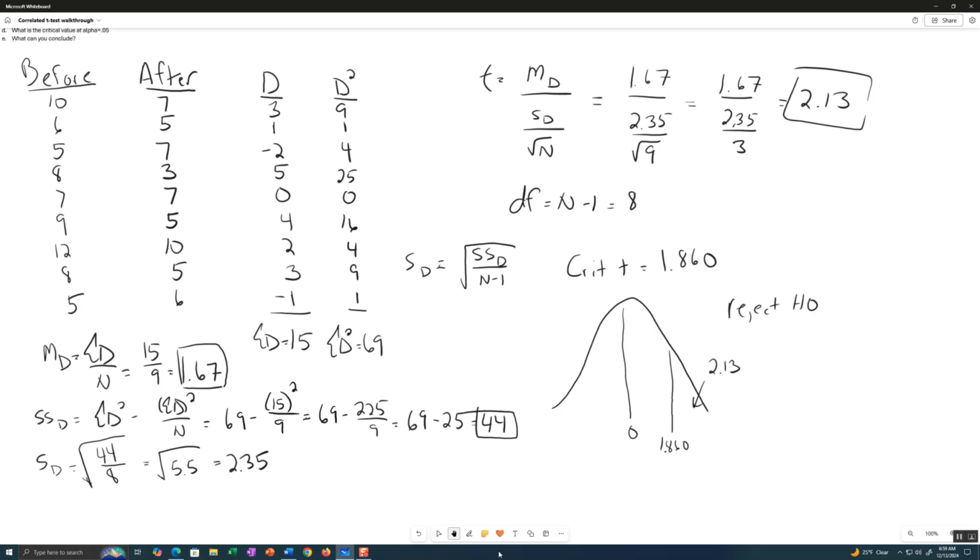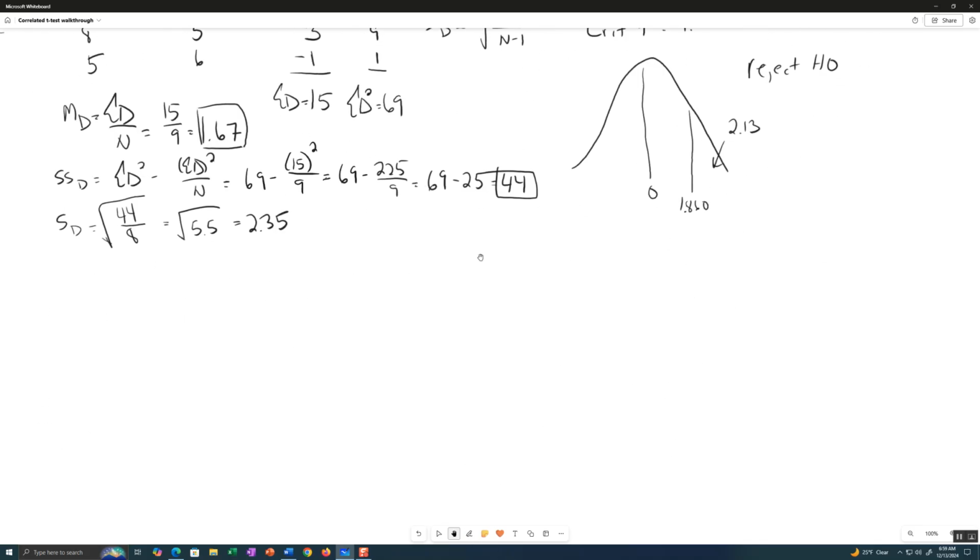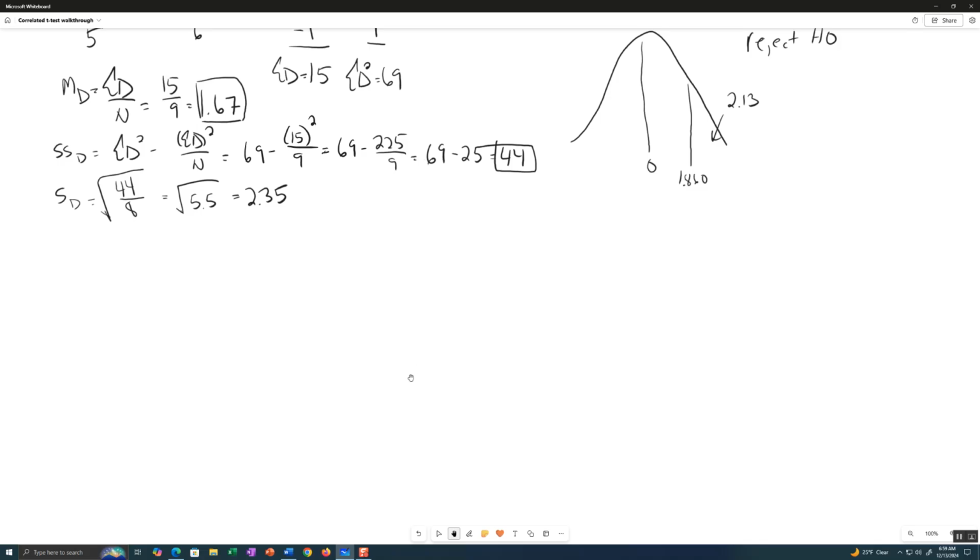Now let's look at what our hypotheses are. We're rejecting the null. The null says, of course, Botox has no effect on migraine. The alternative, we're looking for reduction. We're specifying reduction.